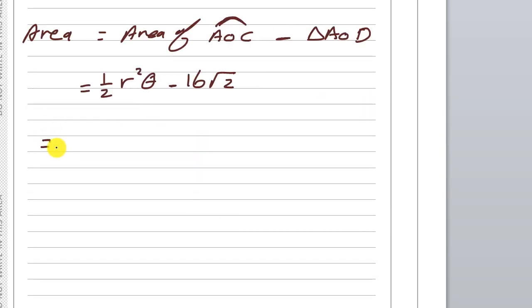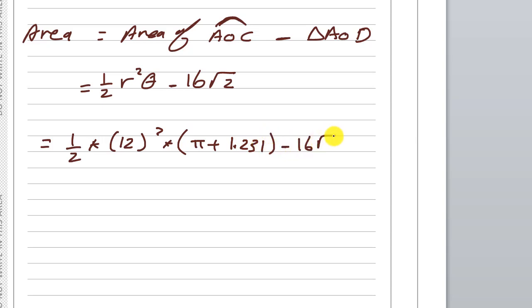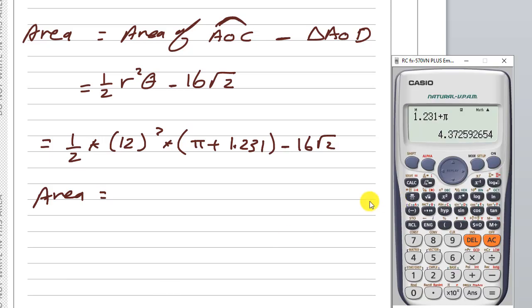So it's equal to half, the radius is 12, the angle is pi plus 1.231, minus 16 square root of 2. So let us find this value. Multiply by 0.5, multiply by 12 squared, minus 16 square root of 2.